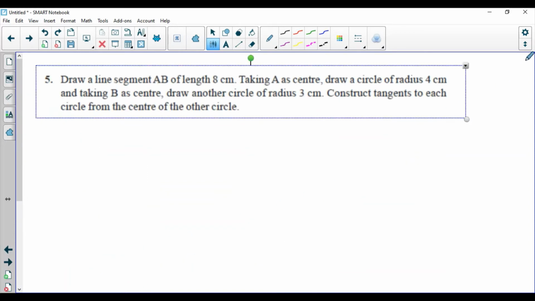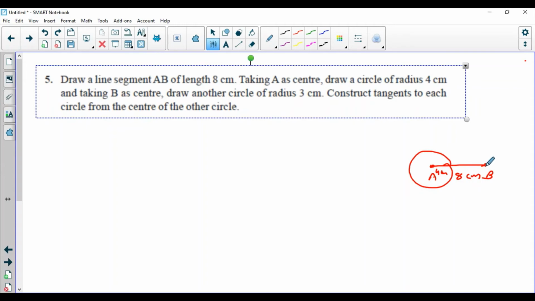Question number 4. Draw a line segment AB of length 8 centimeters. First we'll draw one line AB, 8 centimeters. See, a rough diagram will always help you; you should do it step by step. Taking A as center, draw a circle of radius 4 centimeters.